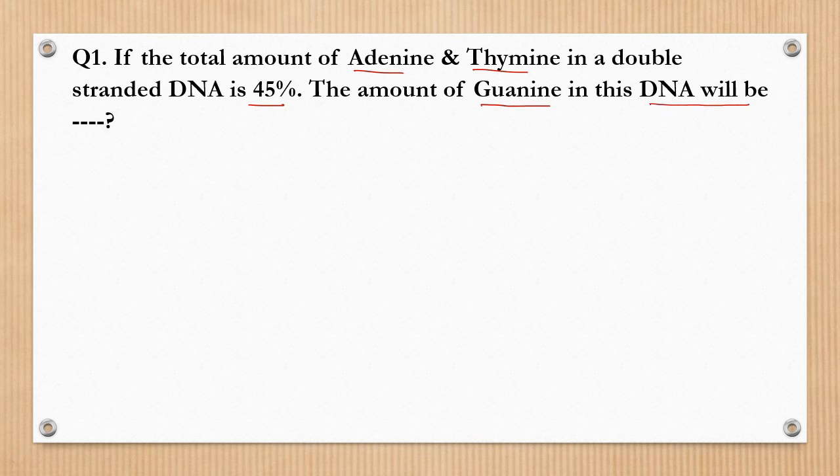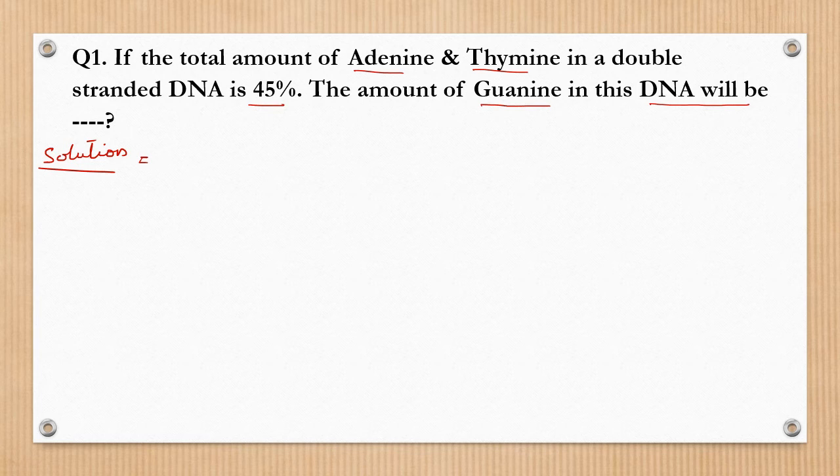So, solution. What is given here? The total amount of adenine and thymine in a double stranded DNA is 45%.